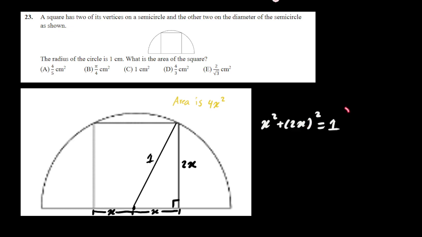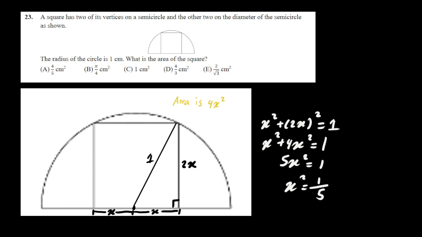So continuing this, we get that x squared plus 4x squared equals 1, and 5x squared equals 1. Okay? Now when we move the 5 down, we get x squared equals 1 over 5.